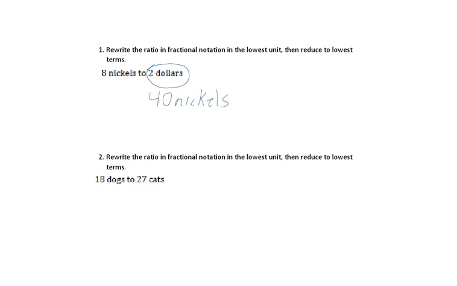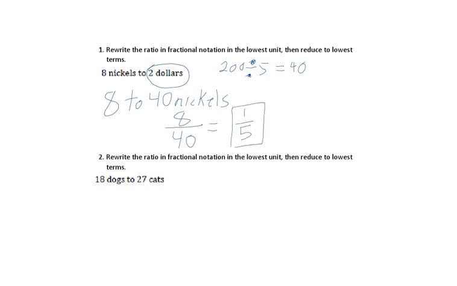And you can figure that out if you were to do 200 divided by 5. Anyway, once establishing that, to do 8 to 40, you just do a fraction, 8 over 40. And 8 over 40 does reduce to 1/5.